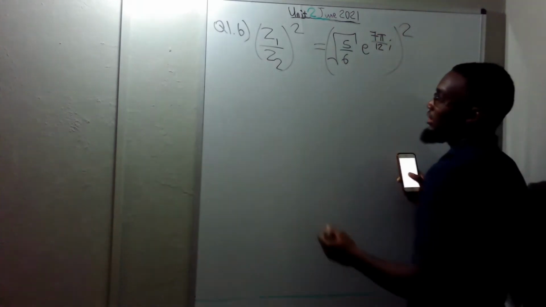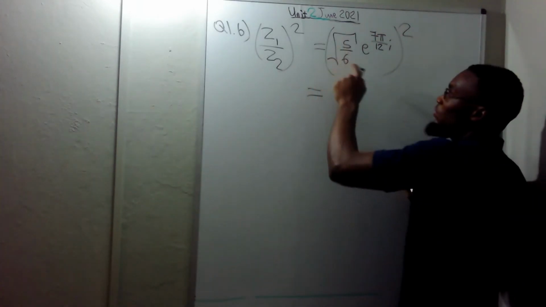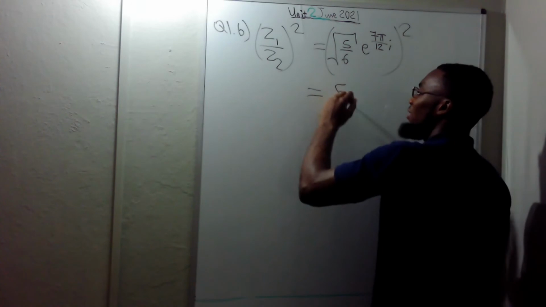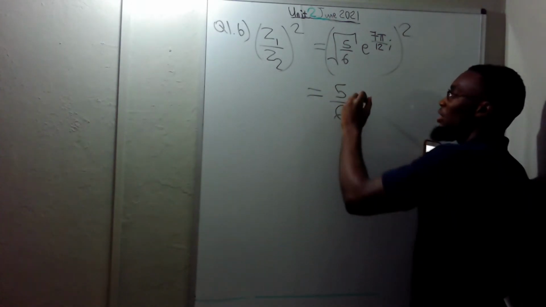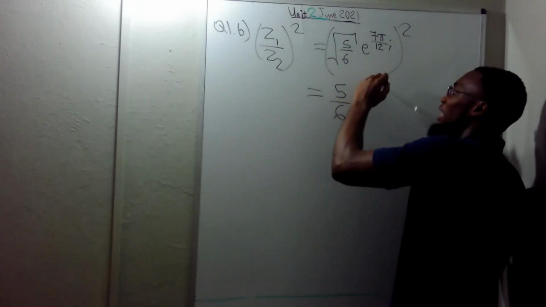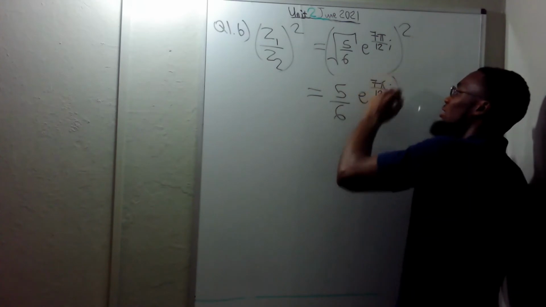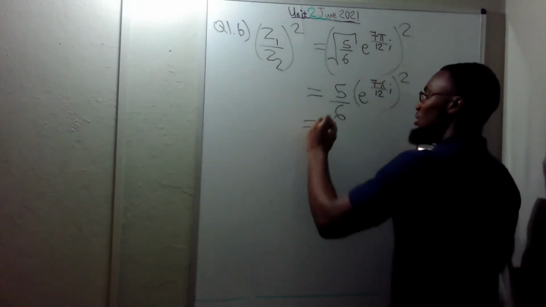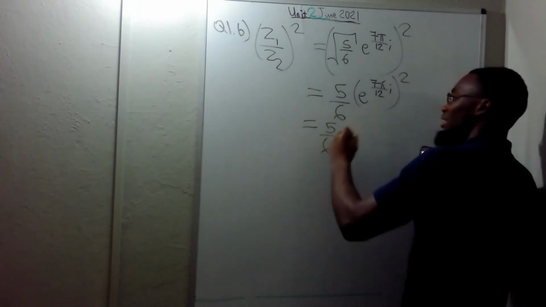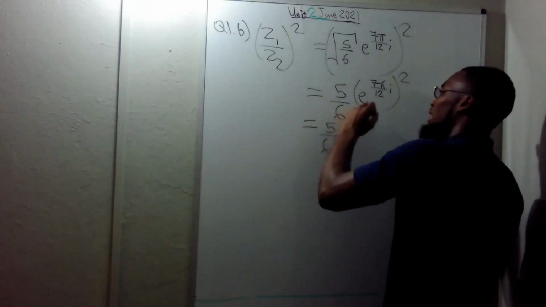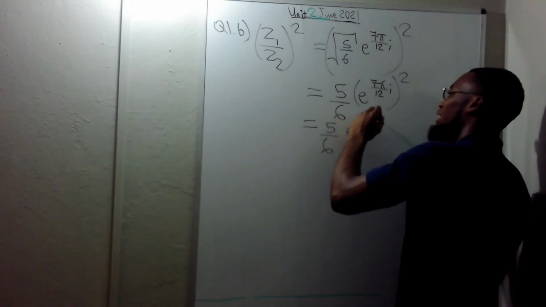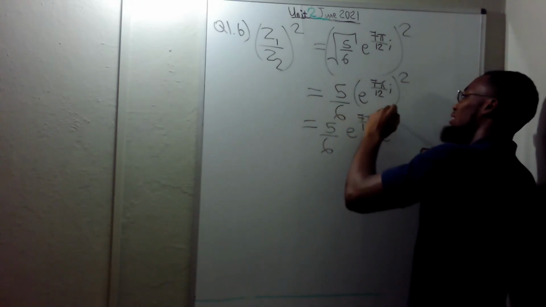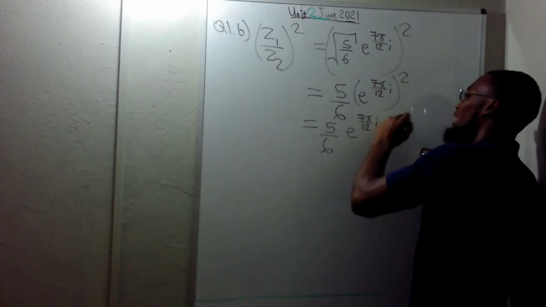Root 5 over 6 squared is 5 over 6, and so we're left with e to the 7 pi over 12 i squared. Now what does this mean? This means I have 5 over 6, e to the 7 pi by 12 i multiplied by e to the 7 pi by 12 i.